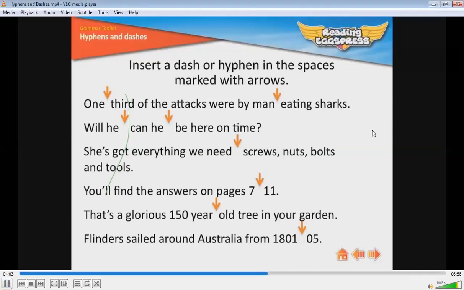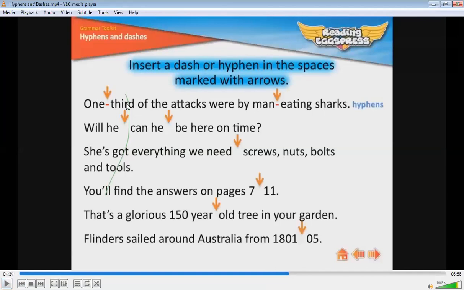Okay, applying what you have learned about the use of hyphens, N dashes and M dashes, insert a dash or hyphen in the spaces marked with arrows. So in the first sentence, "One-third of the attacks were by man-eating sharks," you insert hyphens. Both are hyphens.